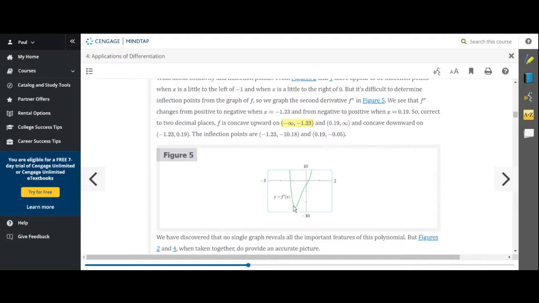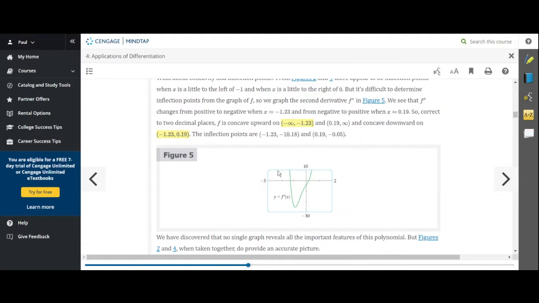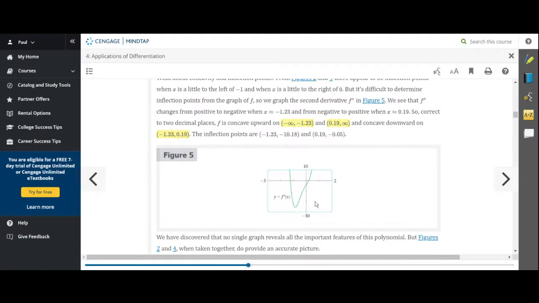But then the second derivative stays negative, which means the function is concave down until it reaches about 0.19. So from negative 1.23 to 0.19, the function's going to be concave down. And then the second derivative becomes positive from 0.19 to infinity, so the function goes back to concave up.